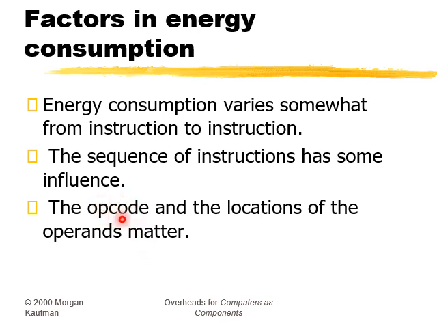If we are doing a move, that's going to take less time, but what if we are doing multiplication, and floating point multiplication? So the opcode tells us the kind of operation we are doing on these operands. All these factors contribute to the energy consumption.